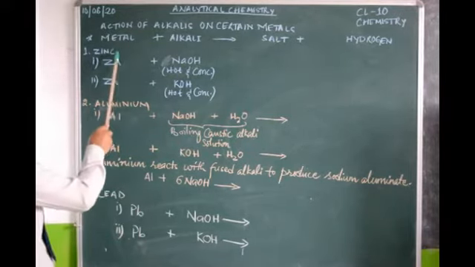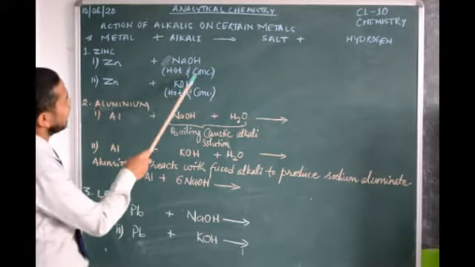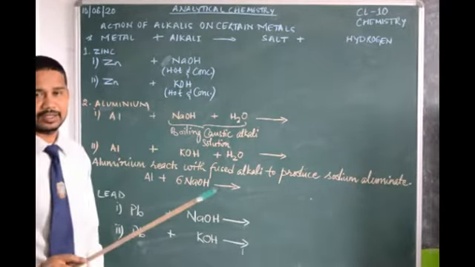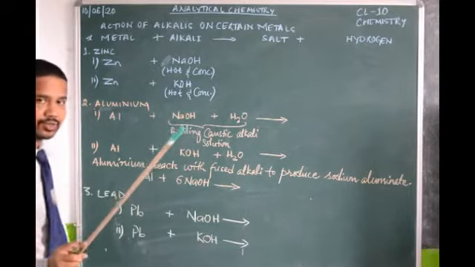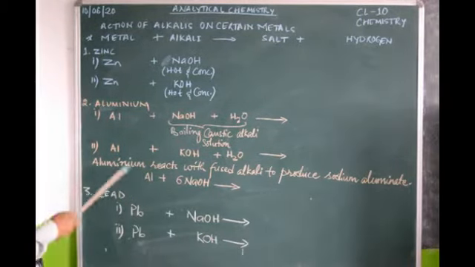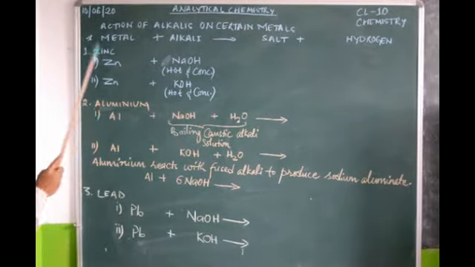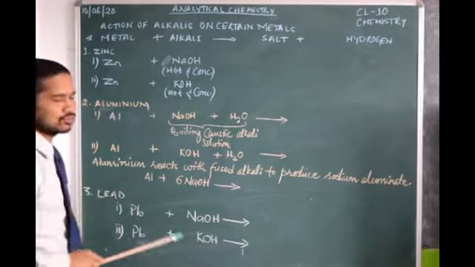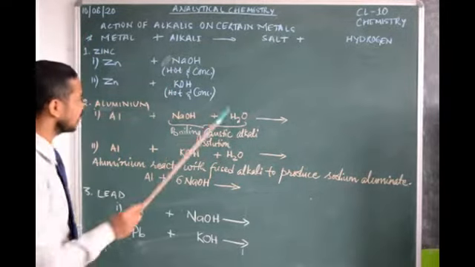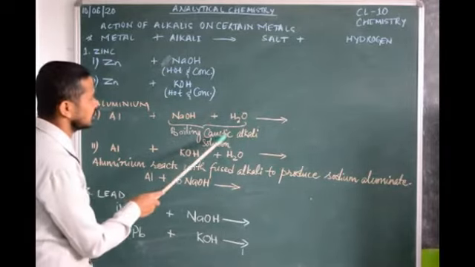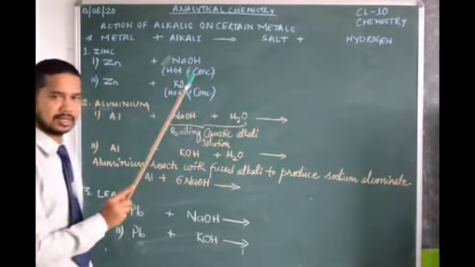Generally zinc reacts with hot and concentrated alkalis. But aluminium does not react with hot and concentrated alkalis only. It reacts with boiling caustic alkali solution.